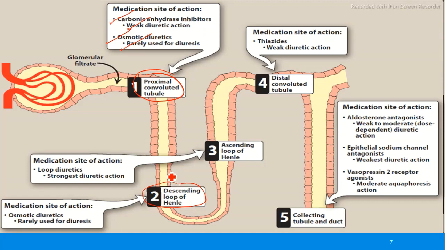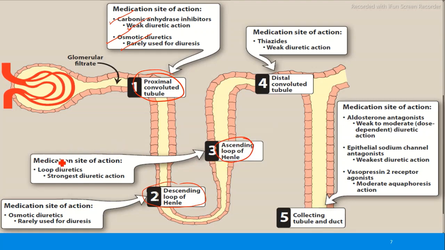That is the DTL, descending thin limb. The medications which act at this place are osmotic diuretics, which are rarely used for diuresis purposes. Then we have the ascending loop of Henle.